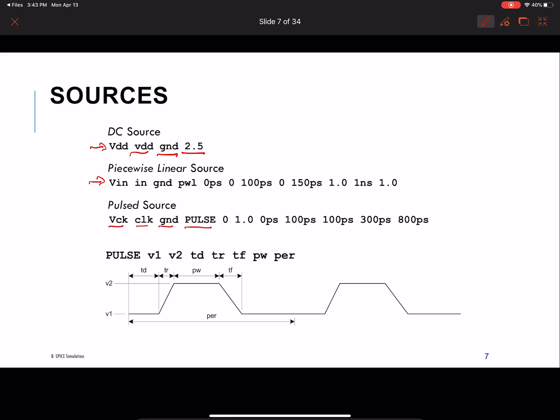And here, 0, this first point, is the low voltage, 1 is the high voltage. So this would be V1, V2 in this plot. Okay, 0 picoseconds is when things start, so it's T sub D.